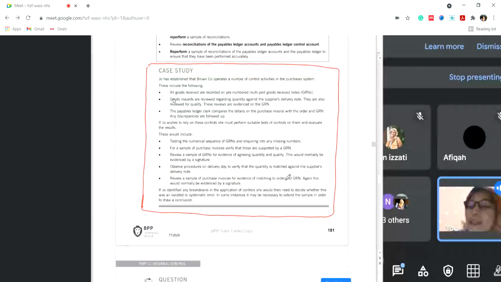Can anyone share with me what the first paragraph tells about? Naim, please tell the class. Actually, what is the first paragraph meant for?